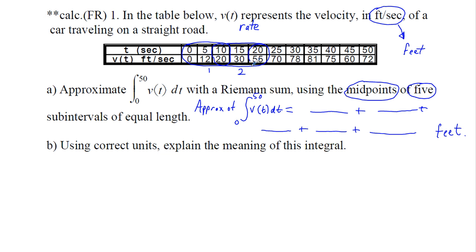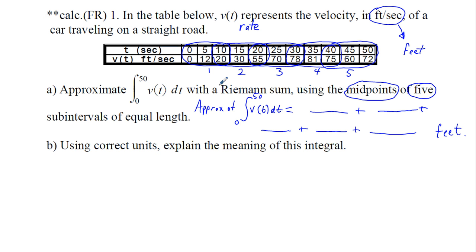Between t equals 20 and t equals 30, this is going to represent our third subinterval. Between t equals 30 and t equals 40, that's going to be our fourth subinterval. And then between t equals 40 and t equals 50, that will represent our fifth subinterval.